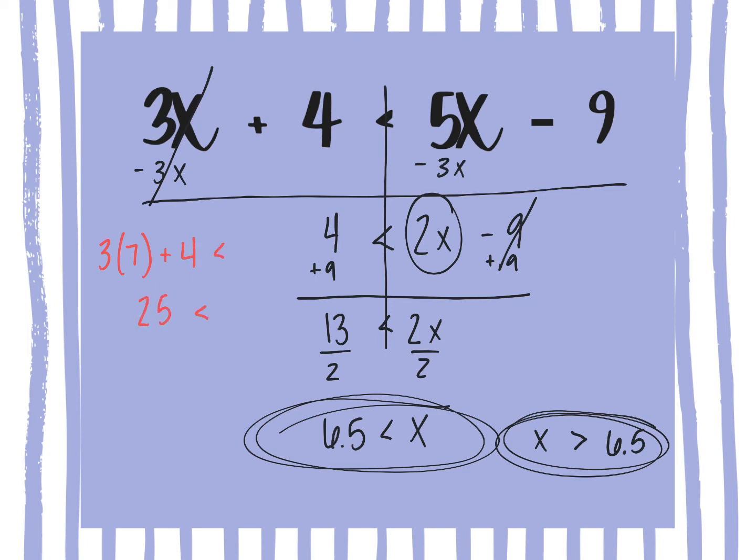And I'm hoping that that's less than what I get for the right-hand side. 5 times 7 is 35, and 35 minus 9 is 26. 25 is less than 26. I've gotten a true answer, which leads me to believe that the answer I got down here is correct.